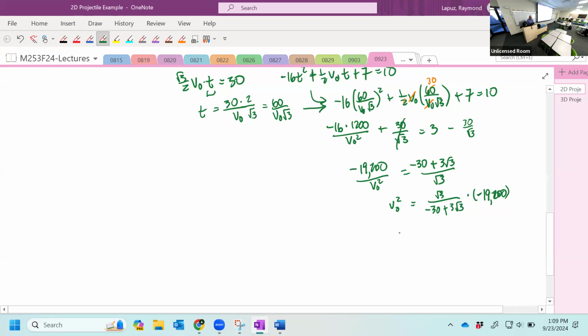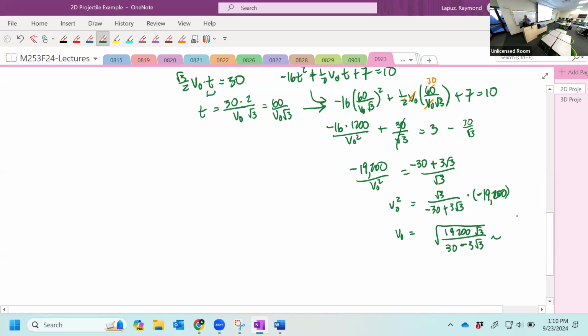So V naught will equal, there's plus and minus, but of course we'll take the positive part, the square root of 19,200 root 3 divided by, and then switch the order, 30 minus 3 root 3.